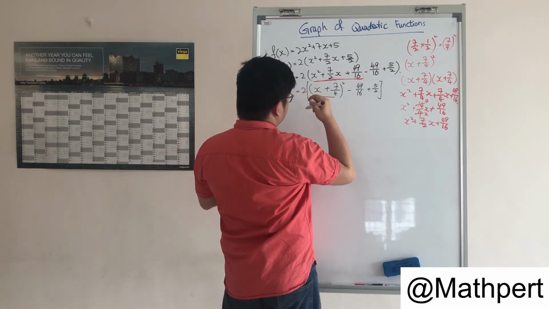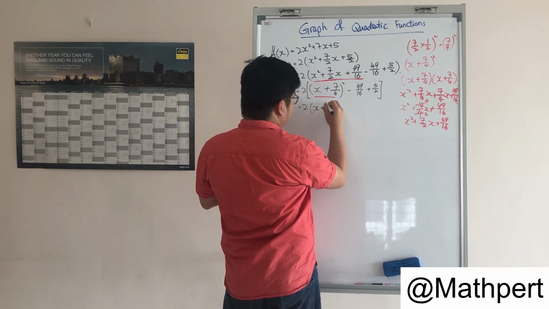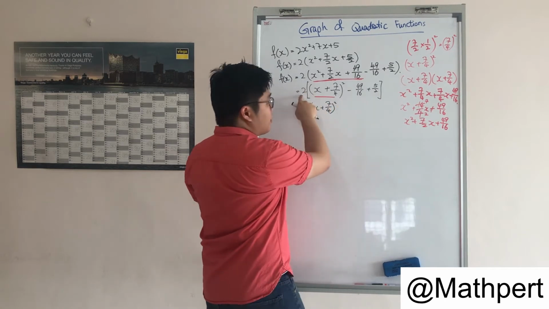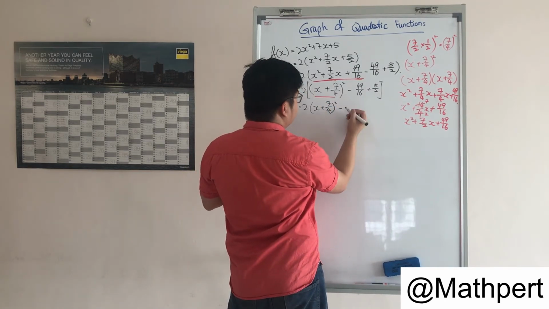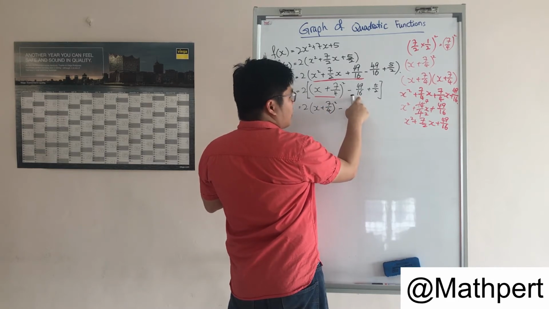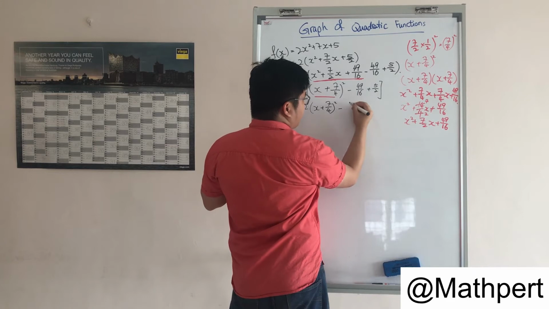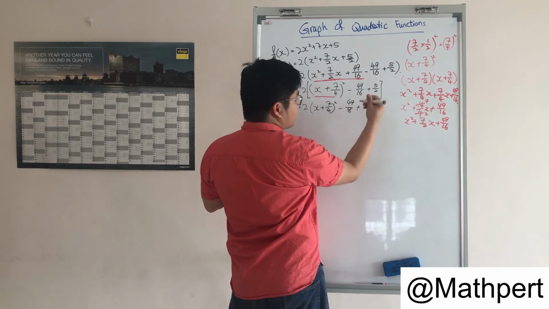So here we get equal to 2 multiply x plus 7 over 4 squared. Then 2 multiply in here, we get negative 49 over 8 plus, the 2 and 2 cancel, 5.